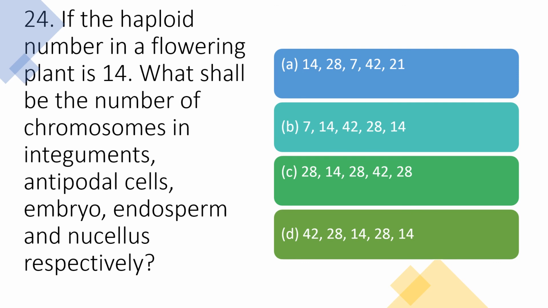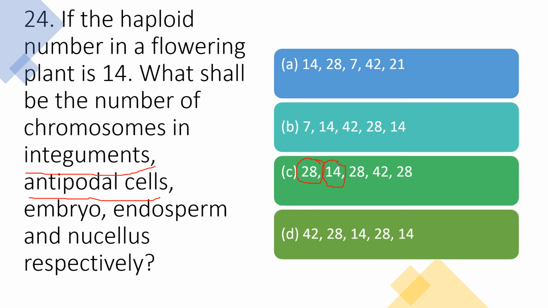We know that except the gametes, the rest of the cells have 28 chromosomes because they have a diploid set of chromosomes. So now coming to the integuments, integuments have a diploid set of chromosomes, so 28 chromosomes. And antipodals are haploid in nature, so they have 14 chromosomes.